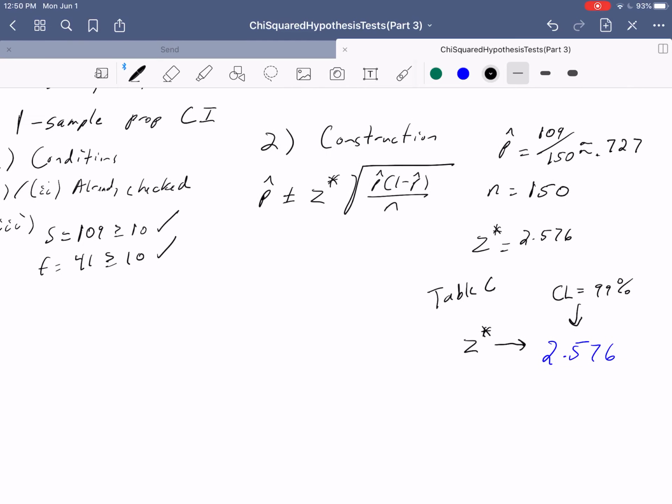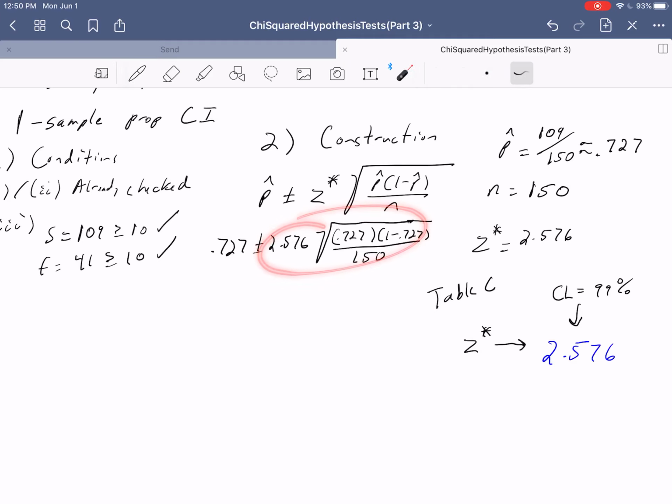All right, let's go ahead and do that. So we got 0.727 plus or minus 2.576 square root 0.727, 1 minus 0.727 divided by 150. All right, now we can go ahead and do the margin of error, 2.576 times the square root, 0.727, times 1 minus 0.727, divided by 150.